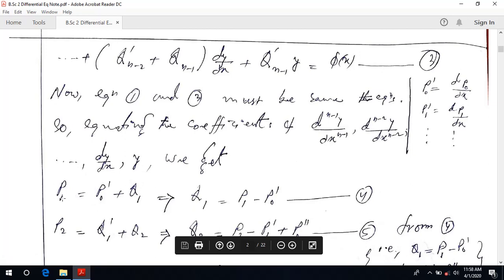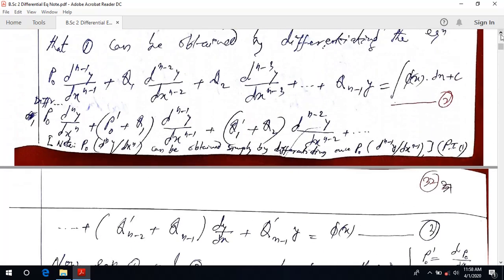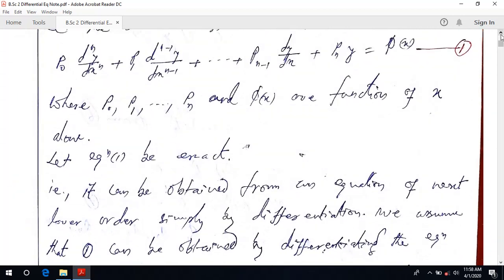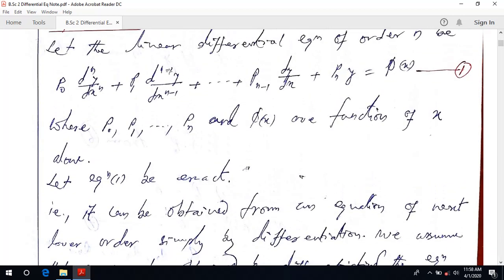So P1 is the coefficient of what? In equation 1, P1 is the coefficient of d^(n-1)y/dx^(n-1).